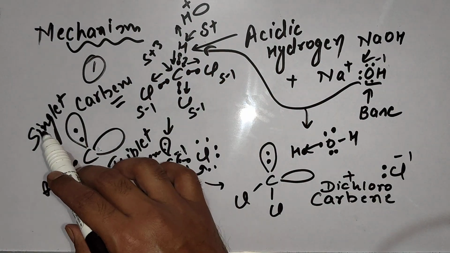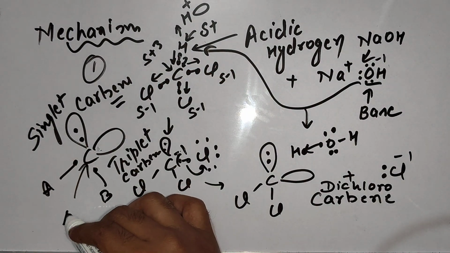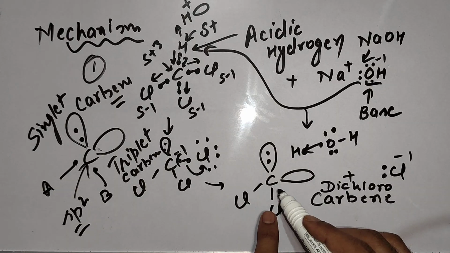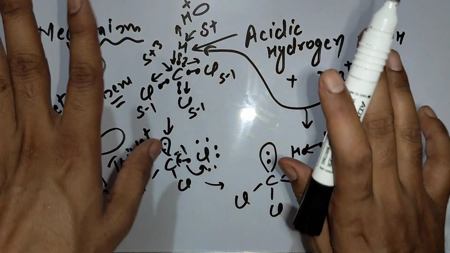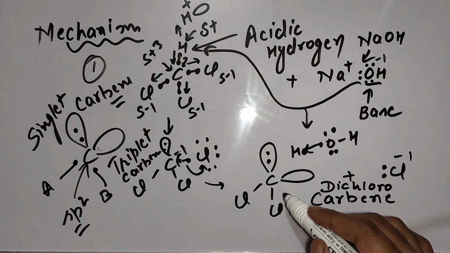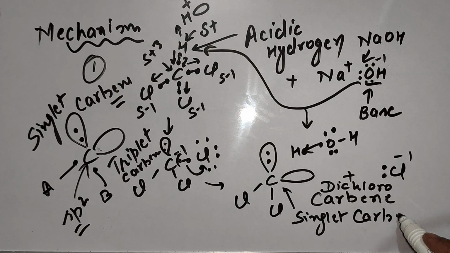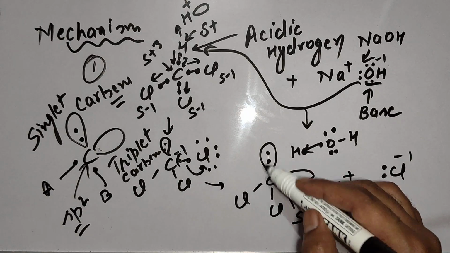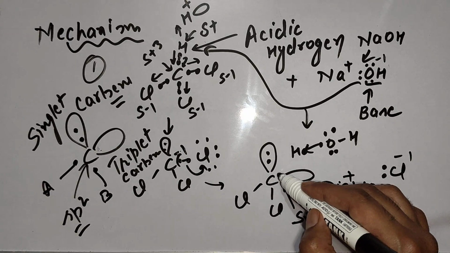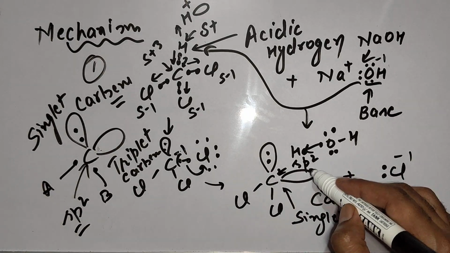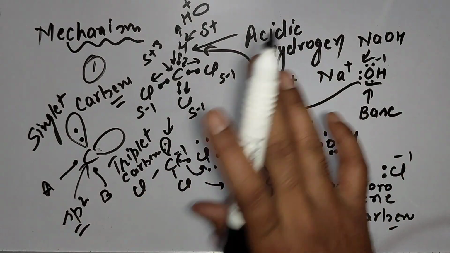The hybridization of singlet carbene is sp2. In this Reimer-Tiemann reaction, the carbene which is generated is a singlet carbene, because both electrons are in the same orbital, and the hybridization of this carbon will be sp2. So this is the first step.